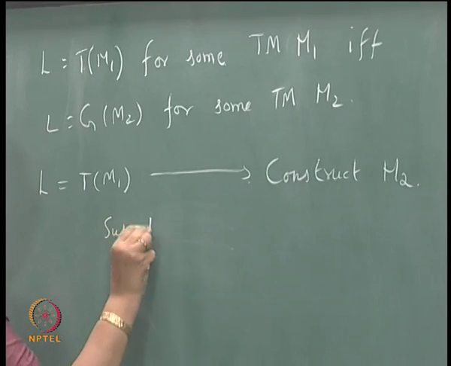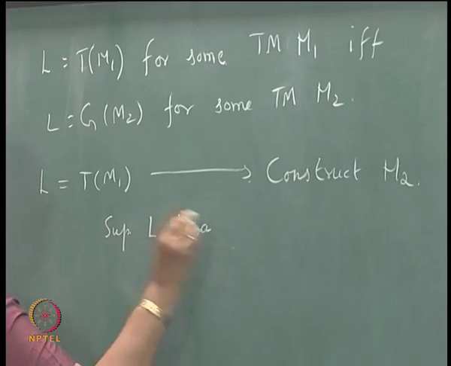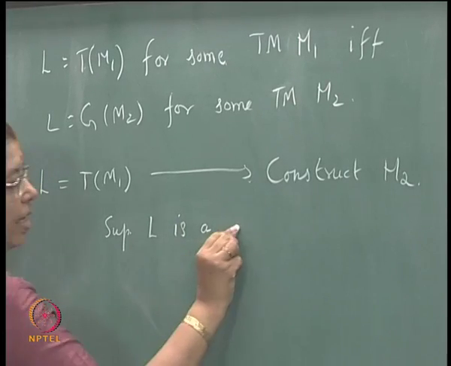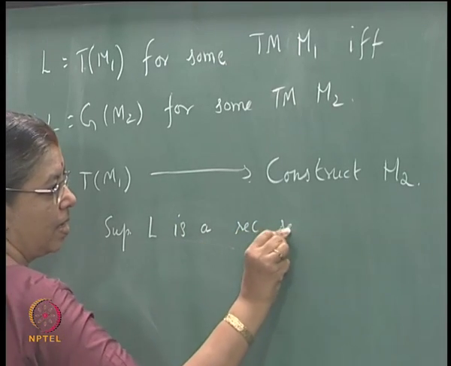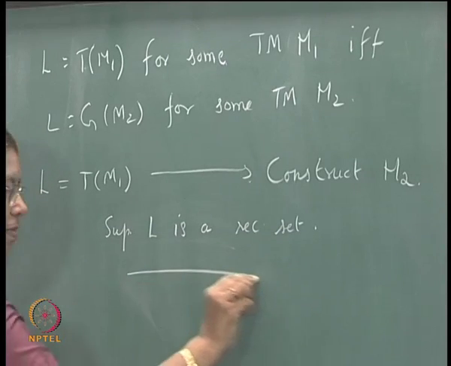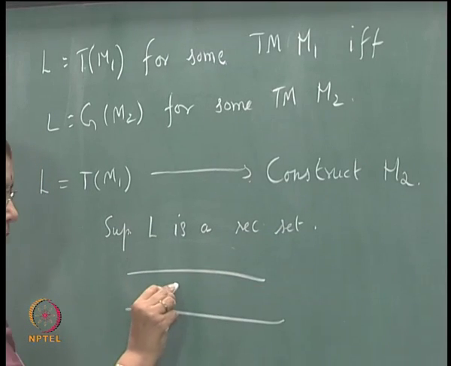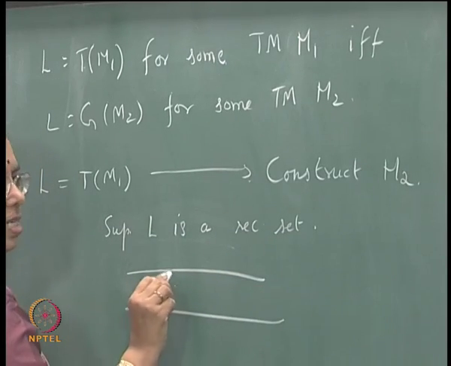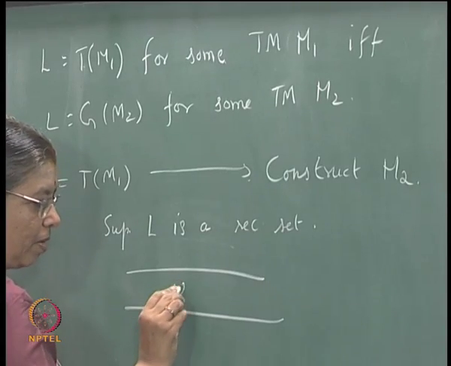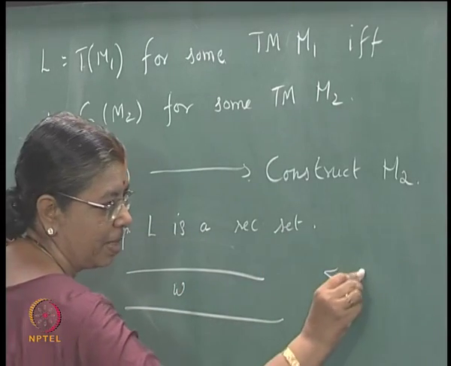Suppose L is a recursive set, then the Turing machine will halt on all inputs. One by one you generate a string. The strings can be enumerated. First one, suppose the alphabet is A, B, C.